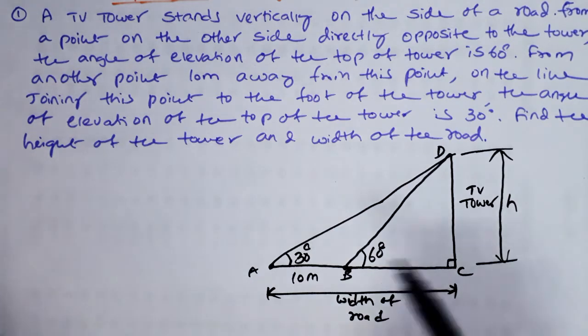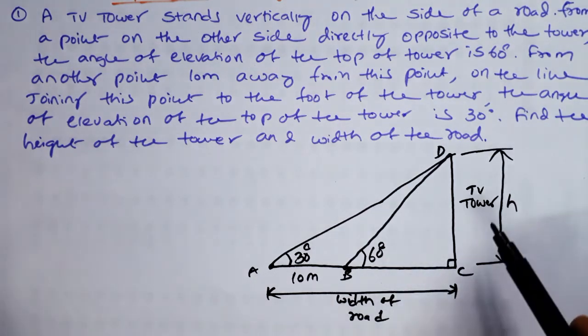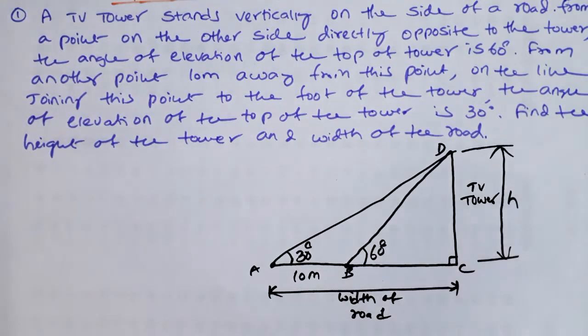From these two triangles we have to find the width of the road and the height of the tower. Now we will see the solution.